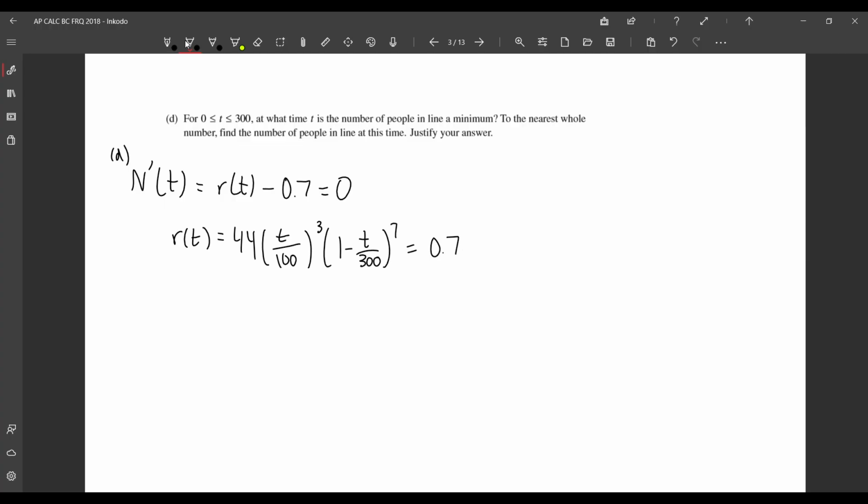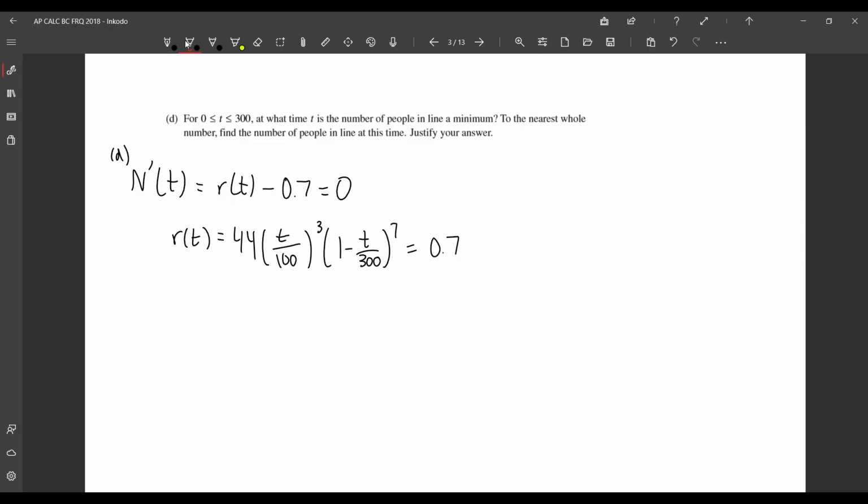Now I'm imagining that I just have to solve this. Graphing calculators have a numeric solver, so I'm just gonna do that. 44 x over 100 cubed times 1 minus x over 300 to the 7th, and then this is equal to 0.7.